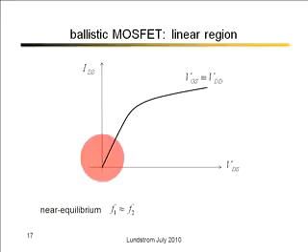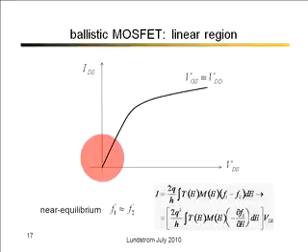We apply a small voltage between the source and the drain. That means that the Fermi levels in the source and the drain are nearly equal, so the Fermi function in the source is close to the Fermi function in the drain. This is the regime that Professor Dada was talking about, where F1 minus F2 is very small. We can expand this in a Taylor series, and this brings in the derivative.